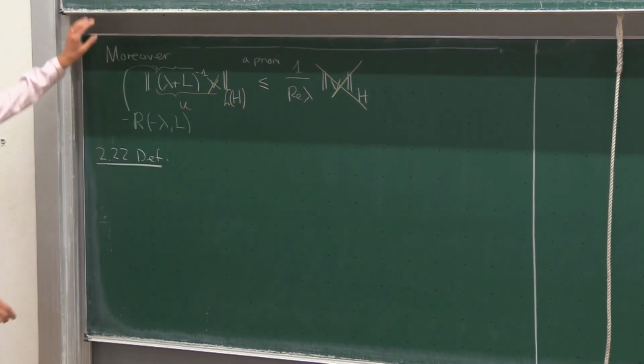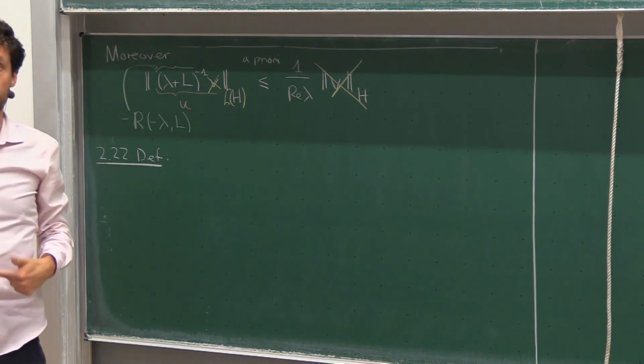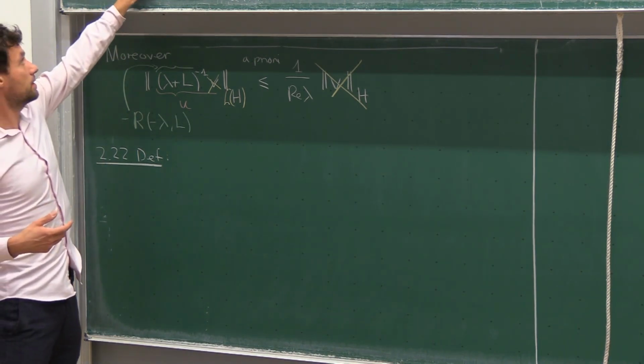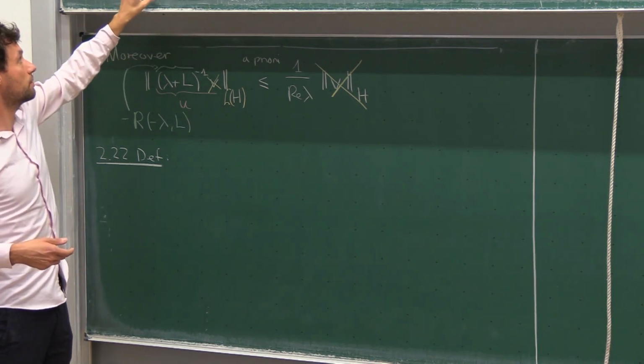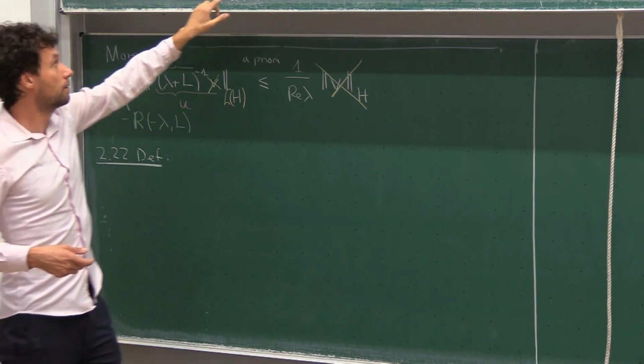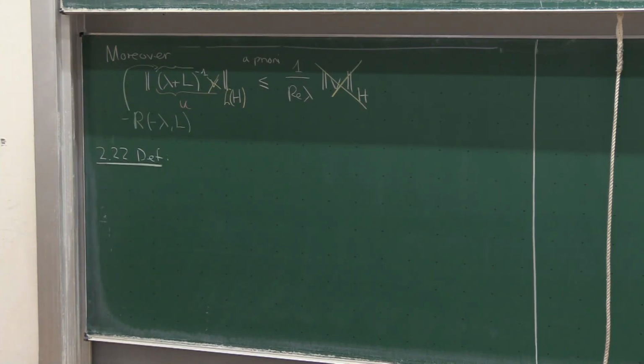Because besides the mere sectoriality, this operator L that we constructed from the sesquilinear form had two additional properties, this and this. So the real part of L of u is positive, and you have the resolvent bound with a constant 1 over real part of lambda. An operator which has these properties I'm going to call M accretive.